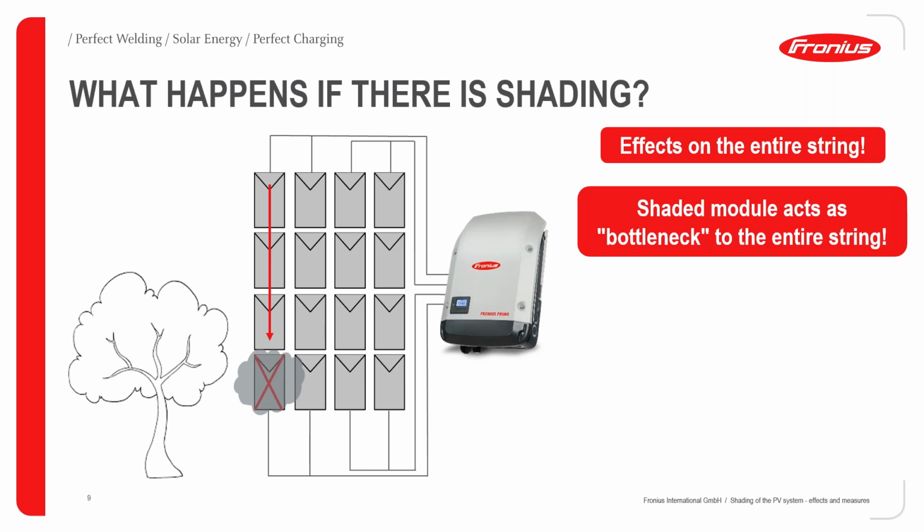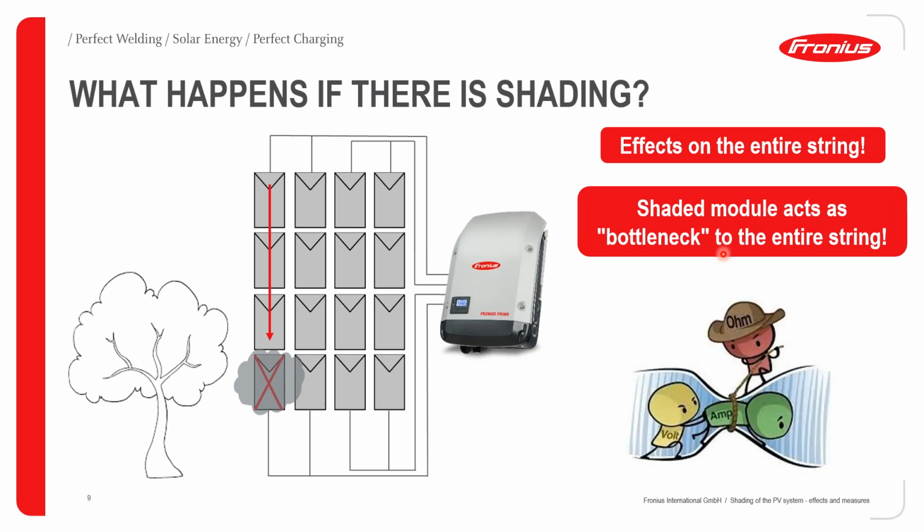Since these modules are made up of smaller series connected DC cells, if this module here is completely shaded, it in turn blocks the flow of current for this entire string. That means this entire string is affected, and there will be no output from this entire string because of the shading on this particular module. So the shaded module acts as a bottleneck to the entire string.